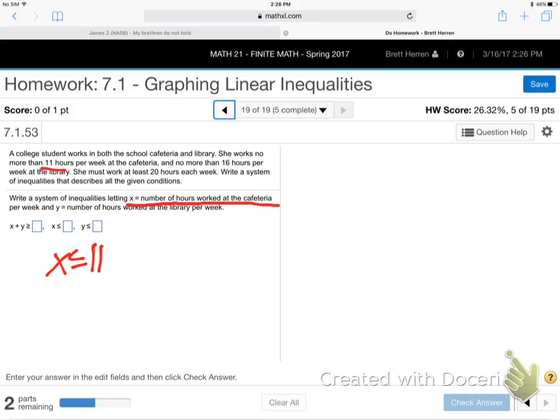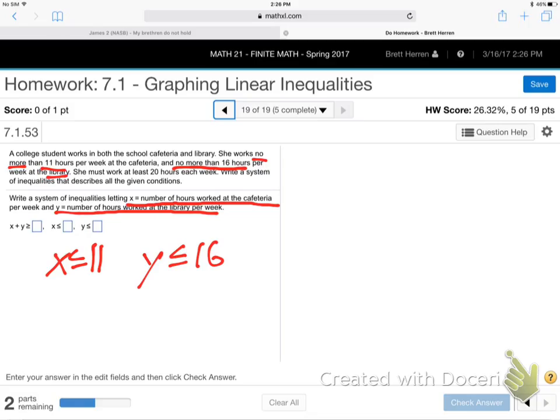You good with that phraseology? See how it says no more? And the Y is the library, and no more than 16 at the library. So less than or equal to 16. No more, less.